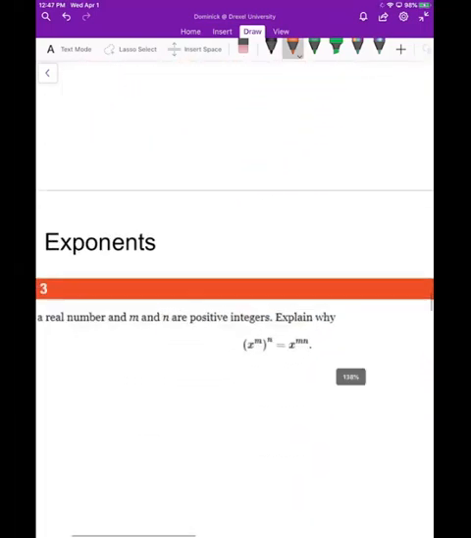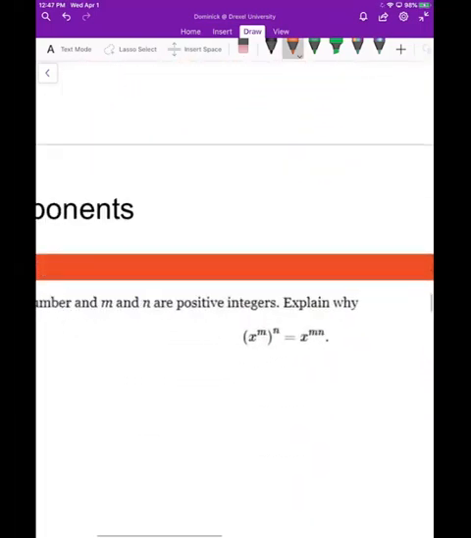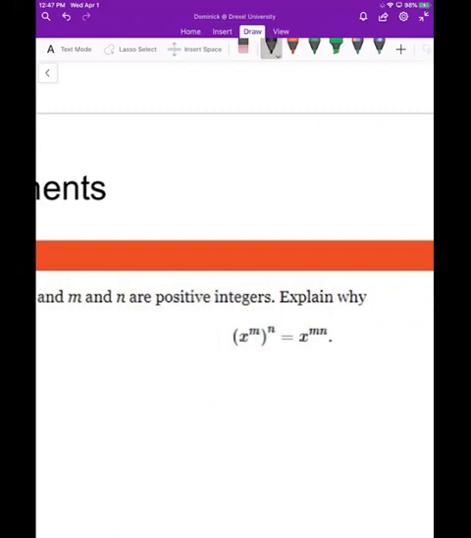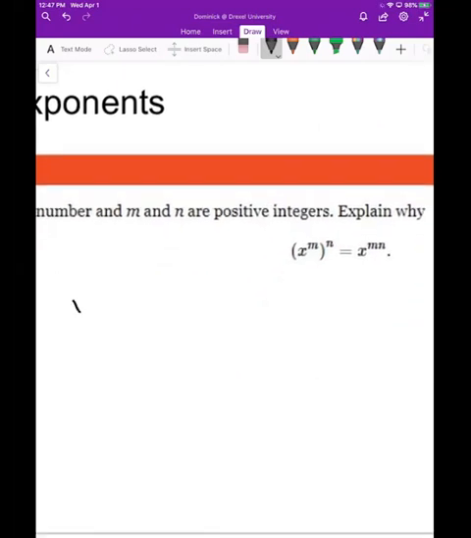Okay, let's look at a similar situation. Now, what if we have x to the m to the n power? We claim that that is when you would multiply their exponents. Well, again, x to the m is just x multiplied by itself m times.